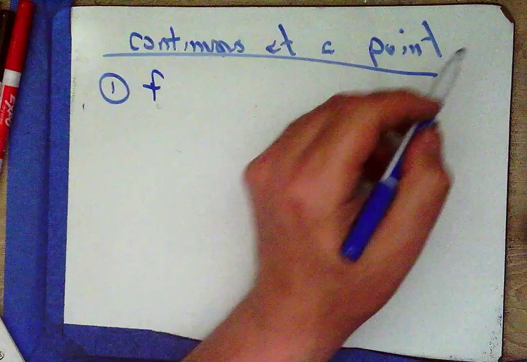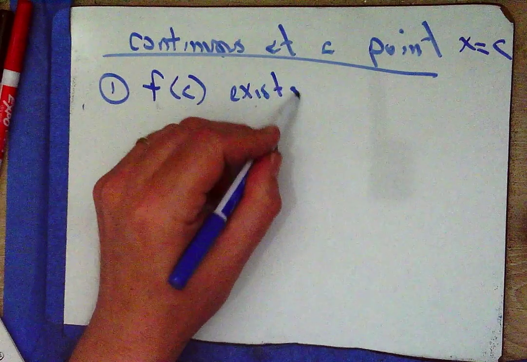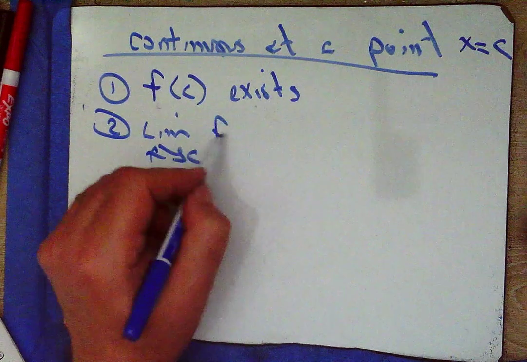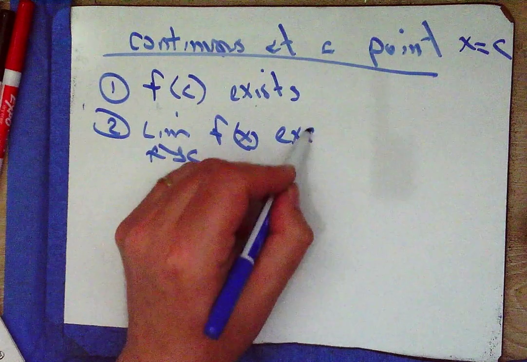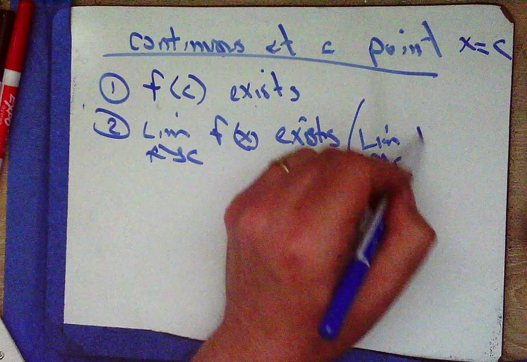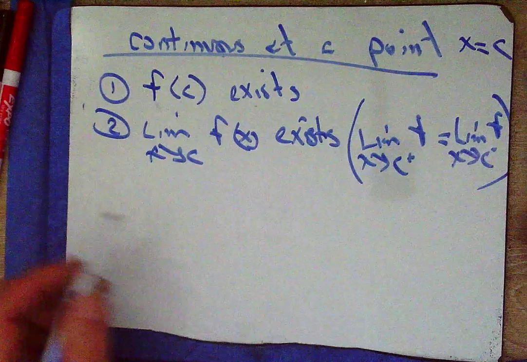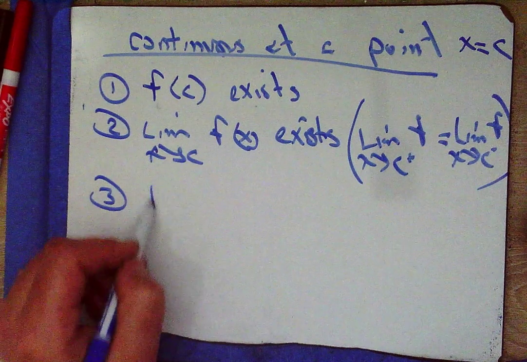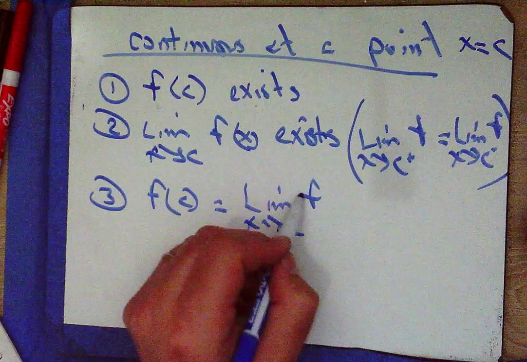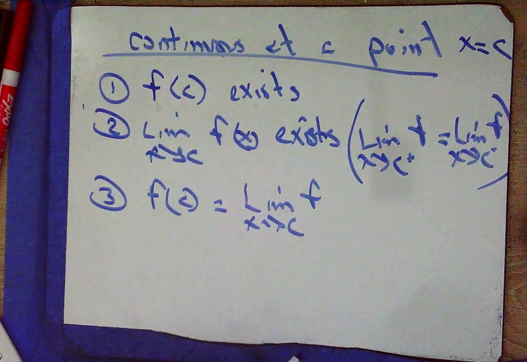So, at a point x equals c, f of c exists, the limit as x approaches c of f of x exists, which implies that the limit as x approaches c from the positive side equals the limit as x approaches c from the negative side. And then finally, f of c should equal the value of that limit. Okay? That's our three-part definition of continuous at a point.